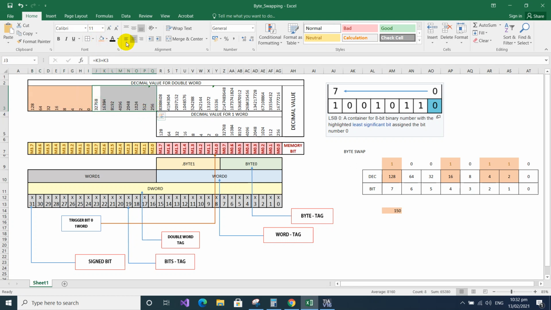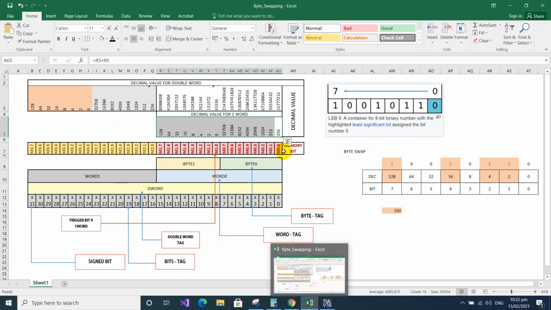There will be a byte swap here as well as here. Okay, I hope you understand. So this is only for decimal value. The bit arrangement will be the same, only the decimal value will change.